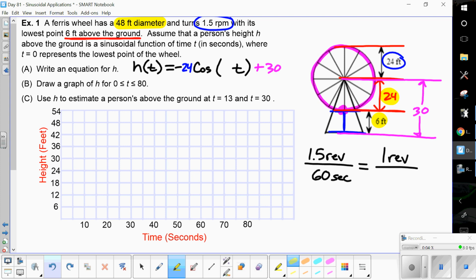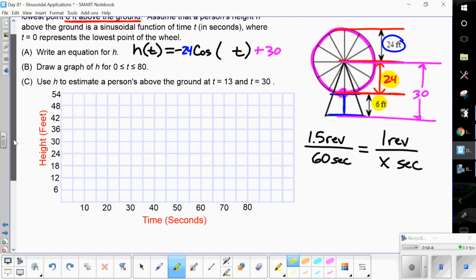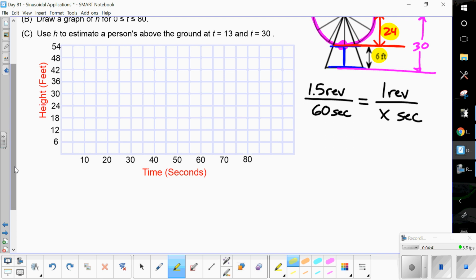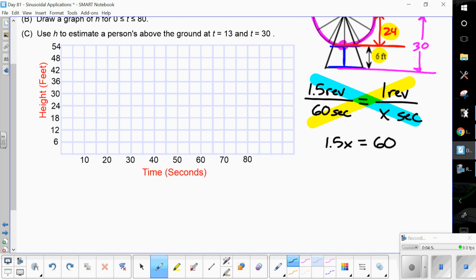And then how many seconds would that take? So I'll call this x seconds. So I'm going to do a proportion here. And I'll cross multiply. So cross multiply that times that equals this times this. And you get 1.5x equals 60.